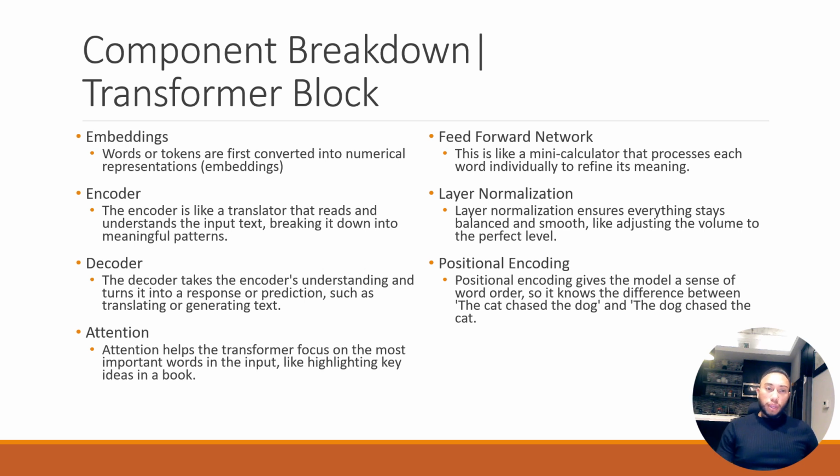And so the embeddings, words or tokens were first converted into numerical representations, and so these are what are known as embeddings. And words are not the only thing that can be used as input. They can also be images, or they can be sound. And so in this case, this input would be tokenized and then be converted into embeddings.